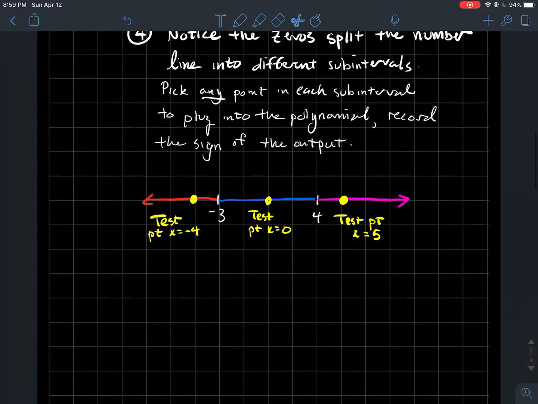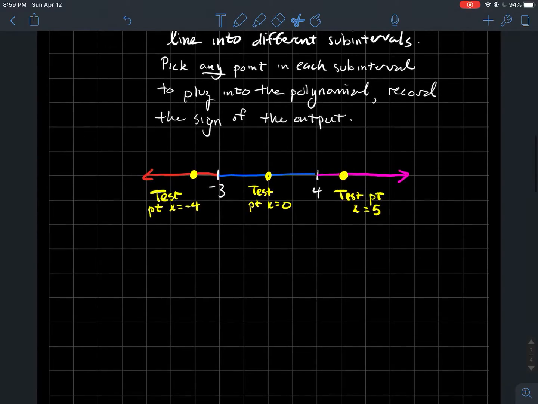So how I'll organize that is here. In the red, the blue, and the pink, I've tried to emphasize that you've got 3 different subintervals. In each one of those, you pick any point that you like. I chose negative 4 in the red interval, 0 in the blue interval, and 5 in the pink interval. You could choose whatever numbers you want.